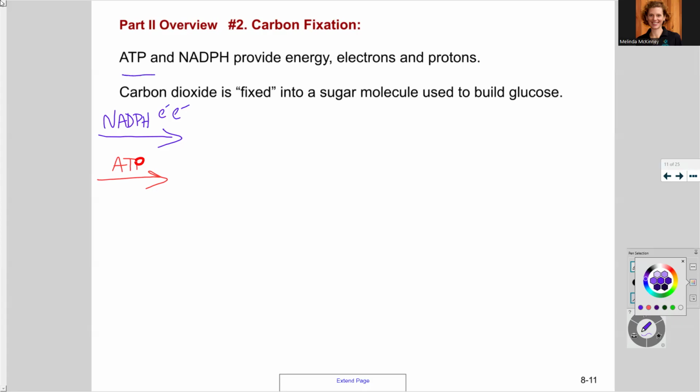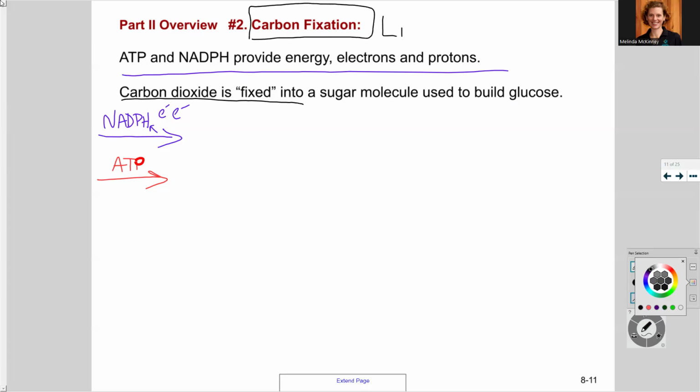So we're coming in with electrons. We're actually coming in with some protons too that are in NADPH, 2 electrons and a proton. Anyway, carbon dioxide, the main idea here is that we're fixing carbon dioxide. So this is carbon fixation. Okay? It's also called the light-independent reactions.